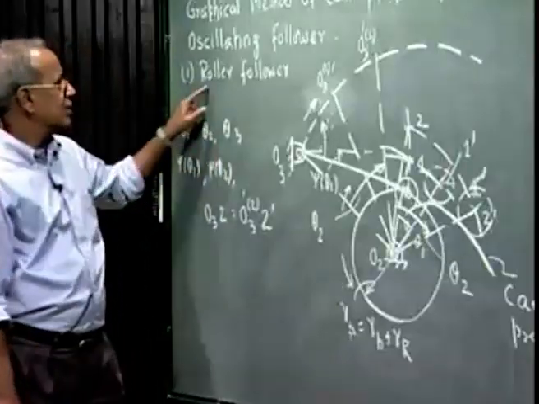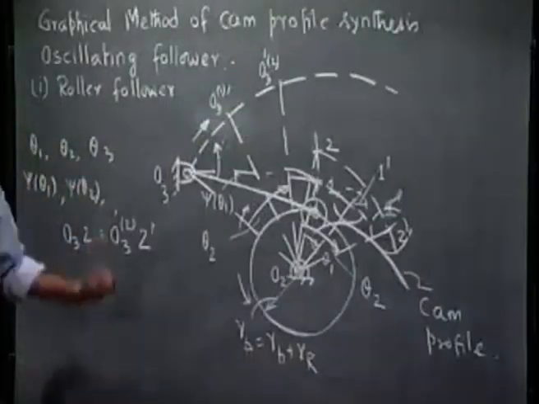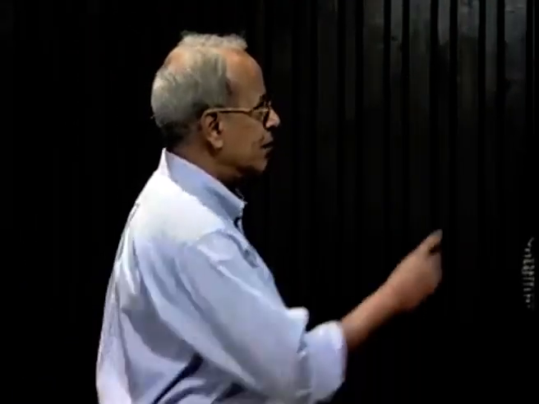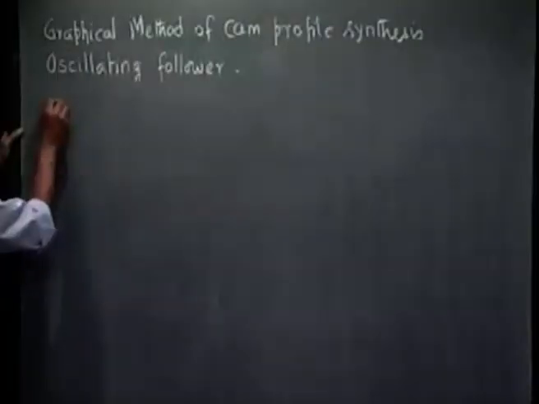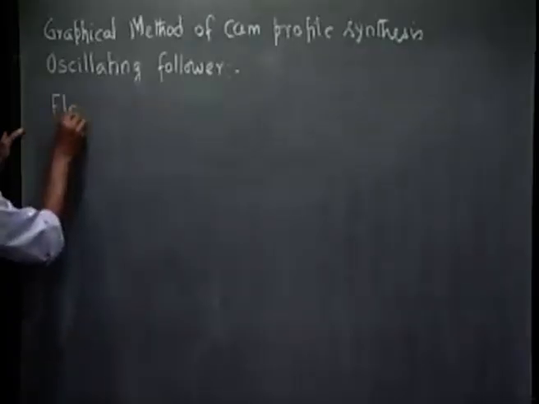Next, we will take up the case of a flat face follower. So at the end, let me now explain this graphical method for an oscillating follower which is flat face type.